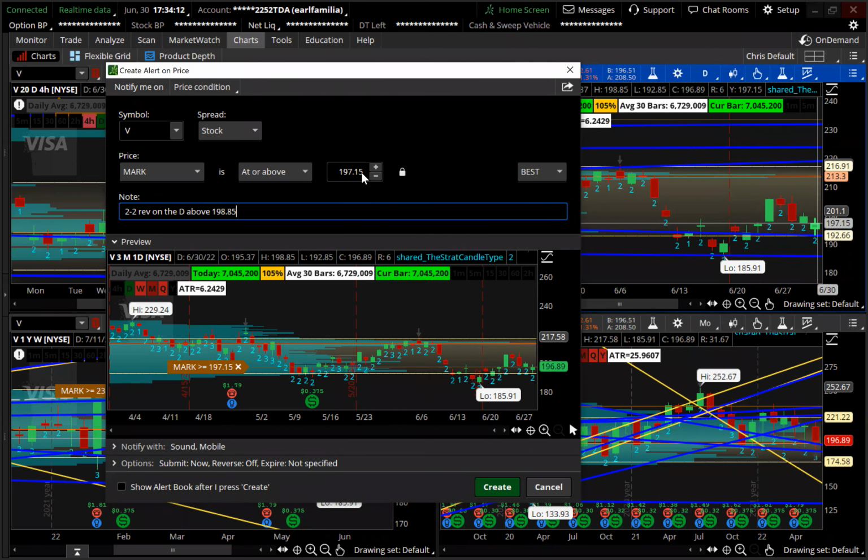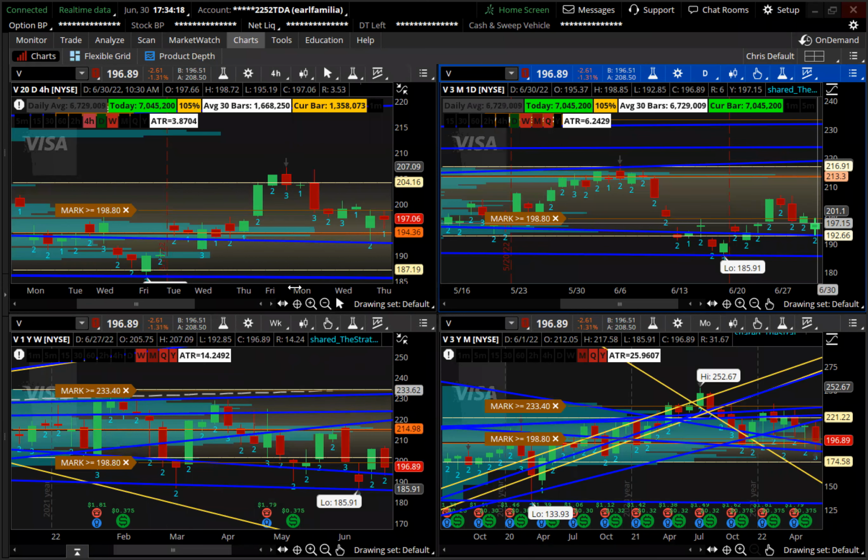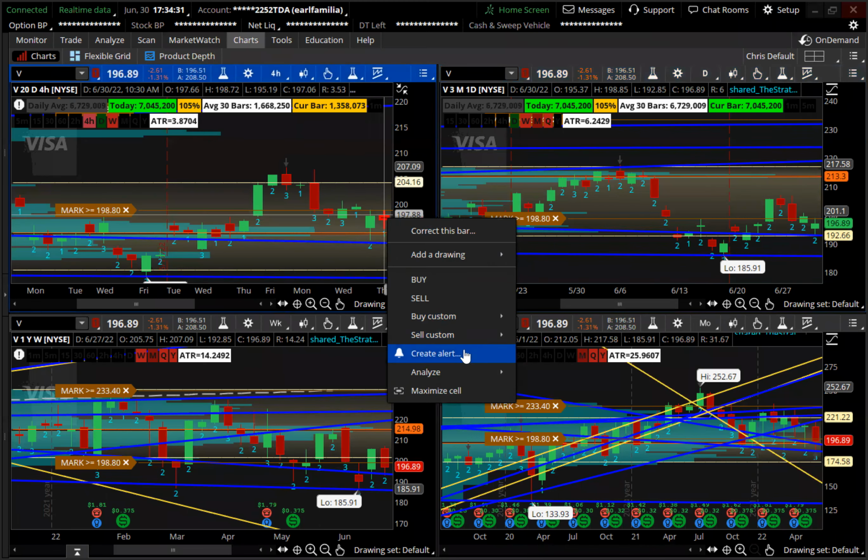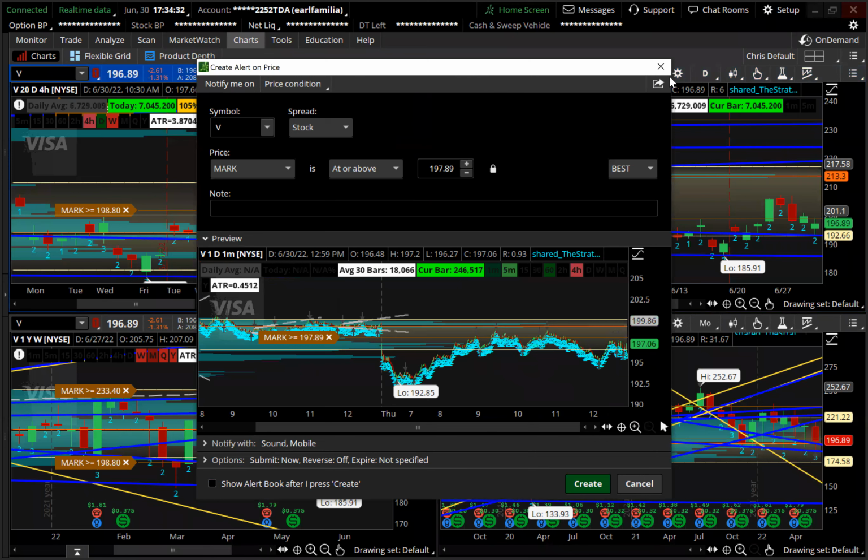198.85. That's also the same level, it looks like, for the entry on the 4-hour too. What is this, 198.72? Maybe not quite, but it's close enough. So you get like a 10-cent head start on this one if you take the 4-hour entry.